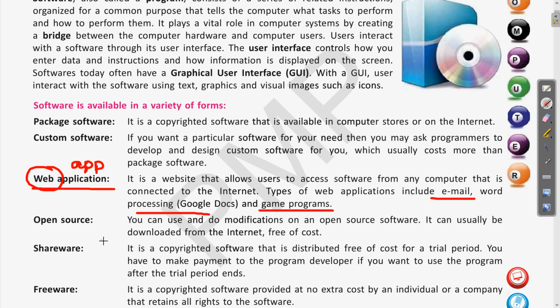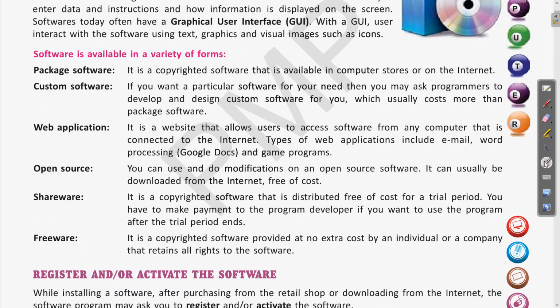Next is open source. So what is open source? Open source, as the name itself is saying, there is some source code, meaning the language or the programming code in which these software are written.